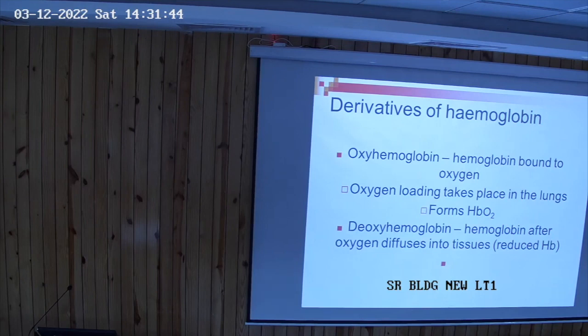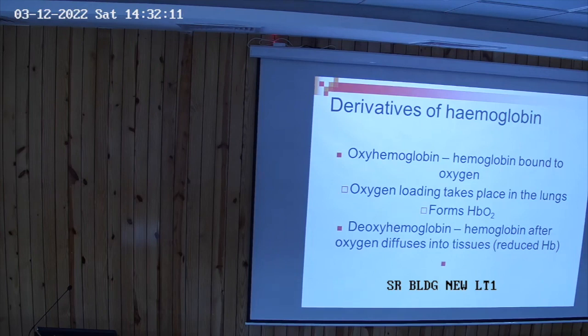When hemoglobin combines with oxygen, it is oxyhemoglobin. So when the question asks you to enlist the different derivatives of hemoglobin, you have to give this. When it is asked to enlist the different types of hemoglobin, then the answer is different. Oxyhemoglobin is the combination with oxygen.